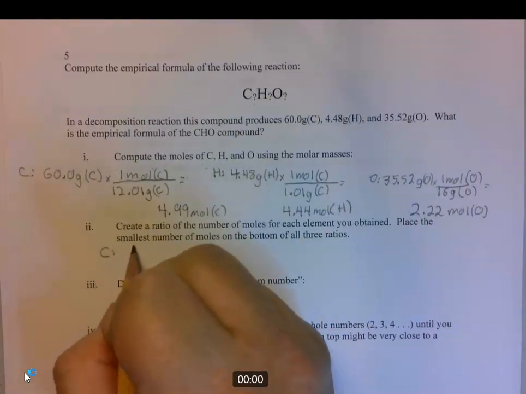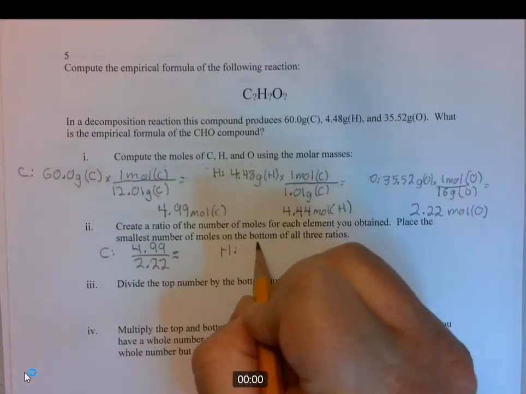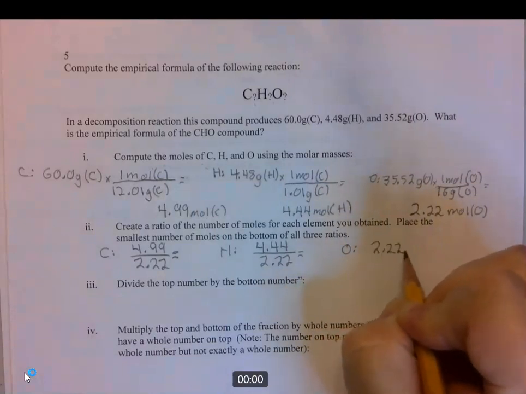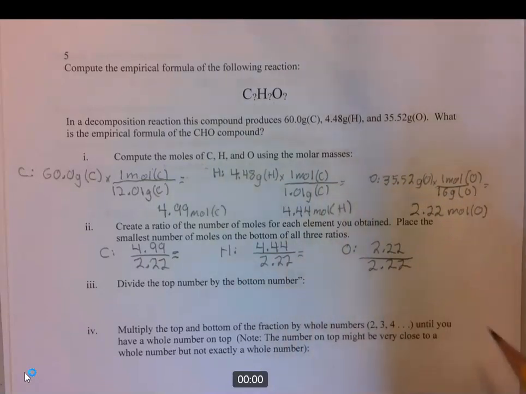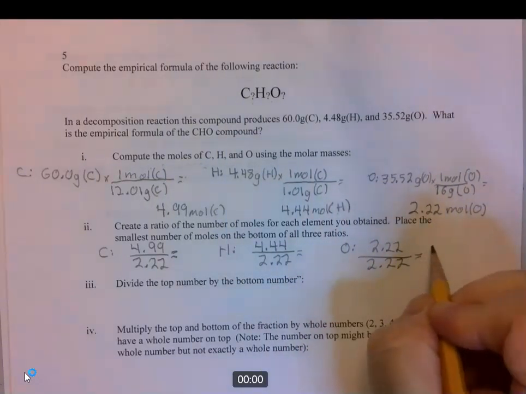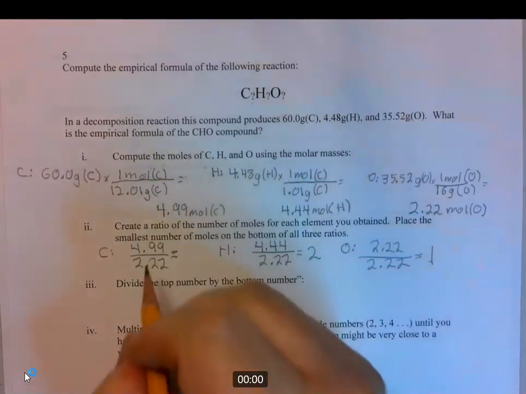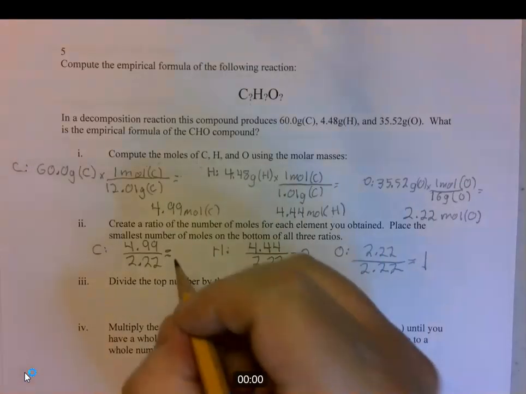So for carbon, and you always have one of them that's going to end up being 1. That's the one with the smallest number of moles. So this one's going to be 1. This one you could just look at it and see that's going to be 2. And this one, let's go ahead and do it if you can't look at it and see it. So it's going to be 2.25.